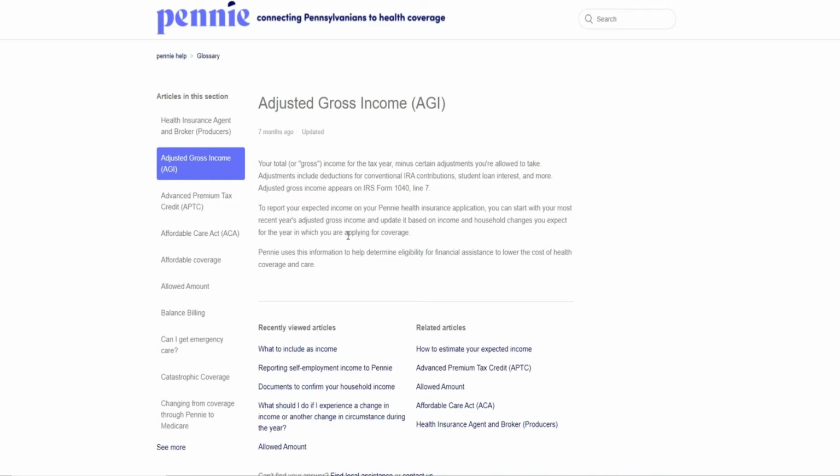And that's where the eligibility for financial assistance starts. So that's actually a good starting point. Just remember line 7. If somebody comes in, line 7 on their 1040 is a good starting point.